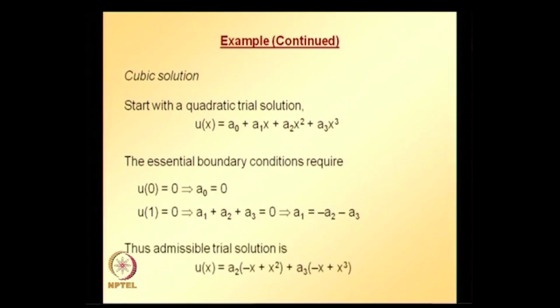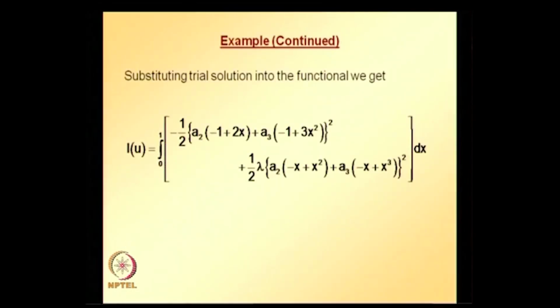So the admissible trial solution becomes a2 times minus x plus x square plus a3 times minus x plus x cube, and substitute this admissible trial solution into the functional.